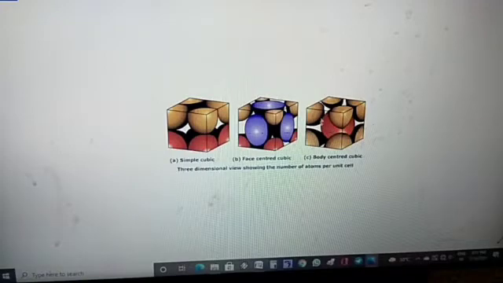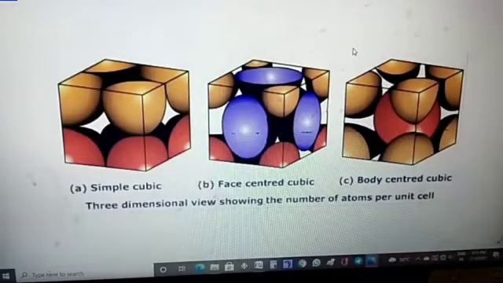Now calculate the total number of atoms present in this body centered cell. In the corners, how many will be there? I told you, 8 into 1/8.